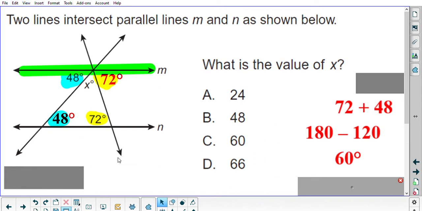Do you remember that the 3 angles of a triangle add up to be 180 degrees? In fact, I had that on the second page of this Geometry Topics Big Ideas review paper. So again, that's another way you could have realized that you would add the 48 plus the 72 and then subtract that away from 180 degrees because 3 angles of a triangle add up to be 180 degrees. And that's going to give you, once again, 60 degrees, which we can all see is choice C.